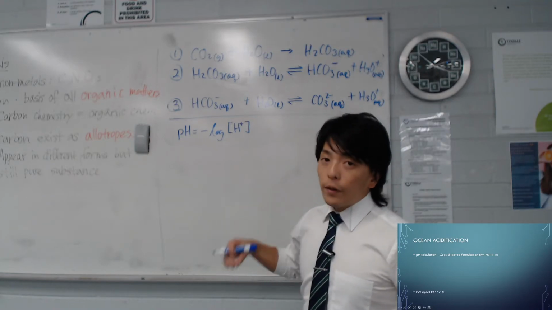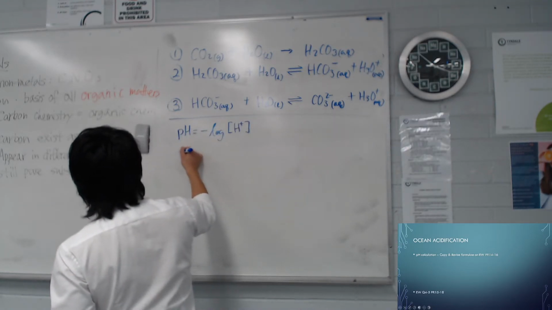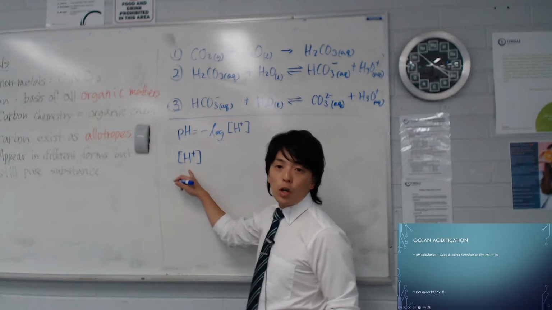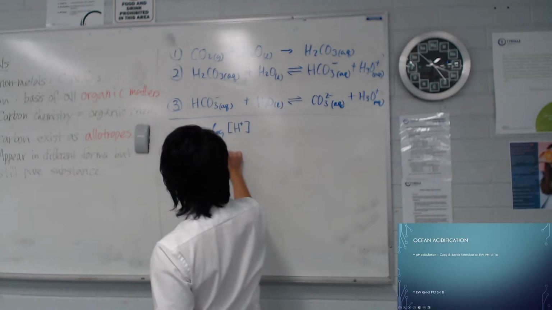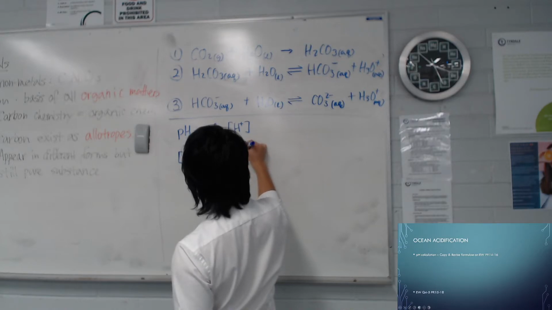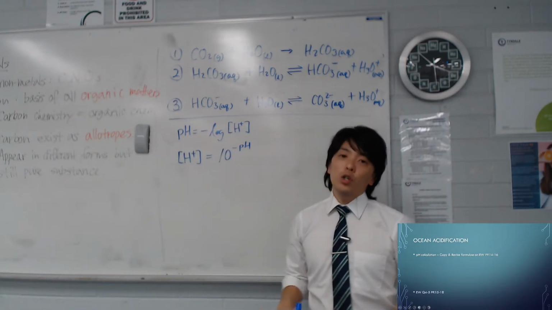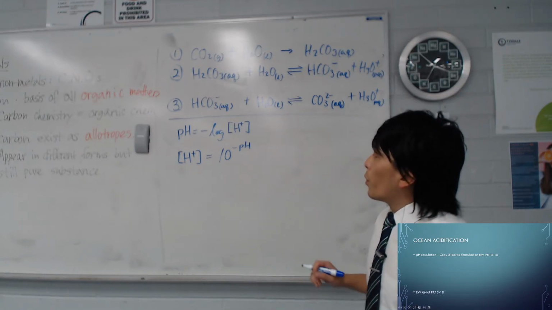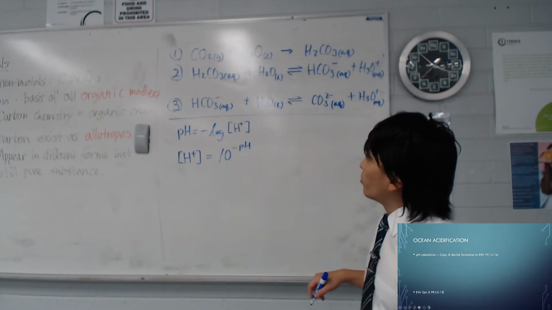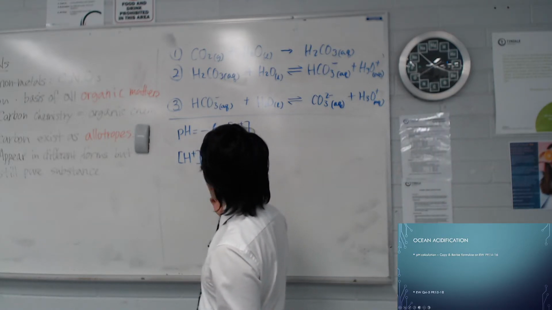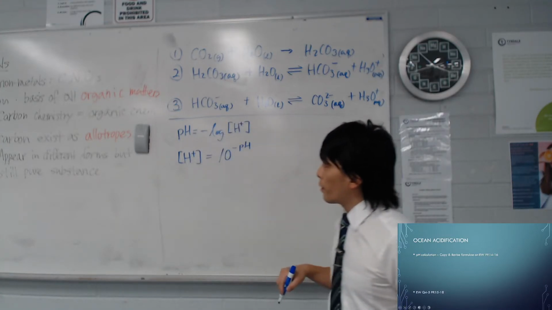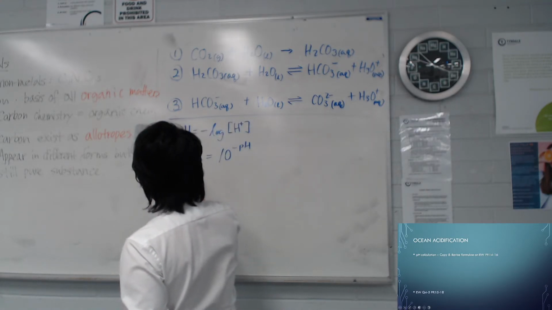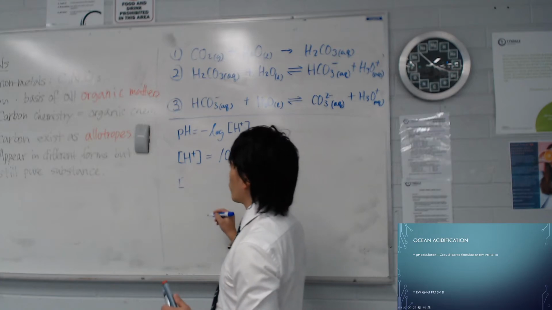If you want to reverse that, so if you are to calculate the concentration of hydrogen or hydronium ion, you would put the pH into 10 to the power of negative pH. Then you would be able to get the concentration. Now, to find the concentration of OH minus, there are a few ways of doing it, but I guess the most common way would be to rearrange the equation that you will see here.